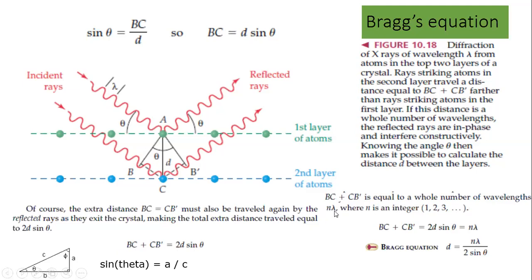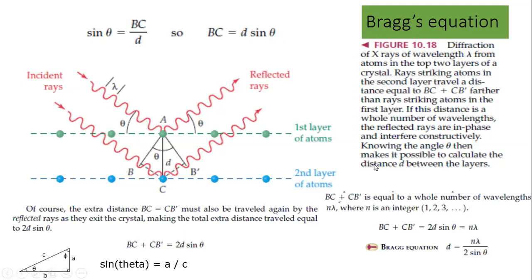That means the path difference must be an integral multiple of the wavelength: 1, 2, 3, 4, so 1 lambda, 2 lambda, 3 lambda, 4 lambda, where lambda is the wavelength. If it is a fraction, then there will not be constructive interference, and you cannot apply this trigonometry to calculate the d-spacing.